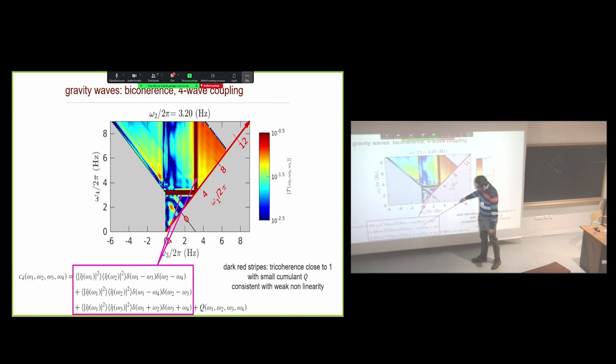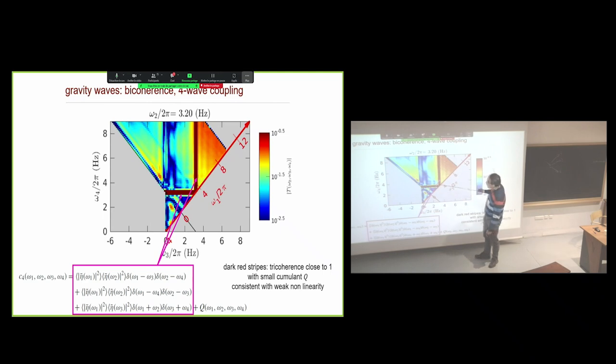You change the pairs, and then you have the cumulant, which is all the remaining. So in the development that Miguel told us, the hypothesis of weak turbulence means that these cumulants will be very small, and these terms are supposed to be 1 once you normalize with the B-coherence. So that's what we see here.